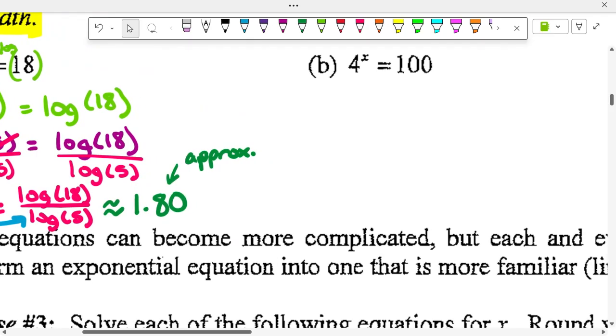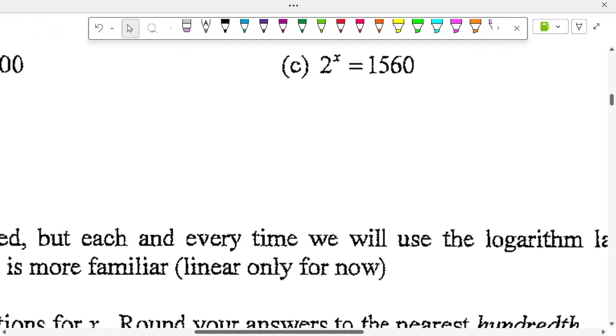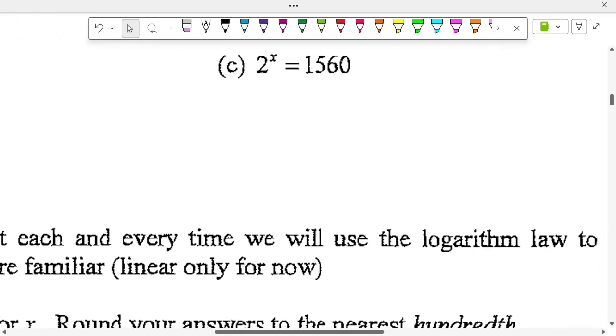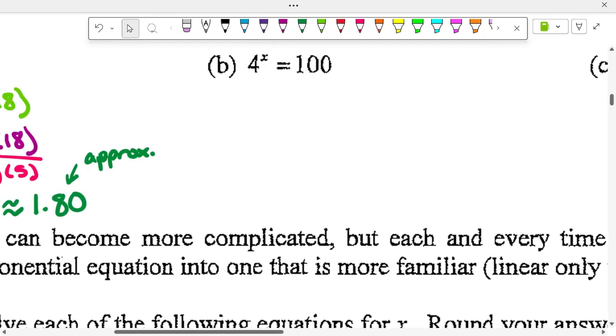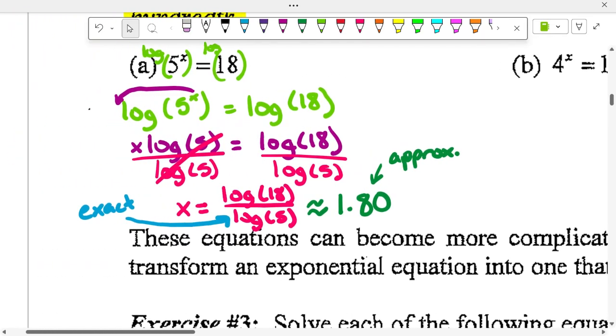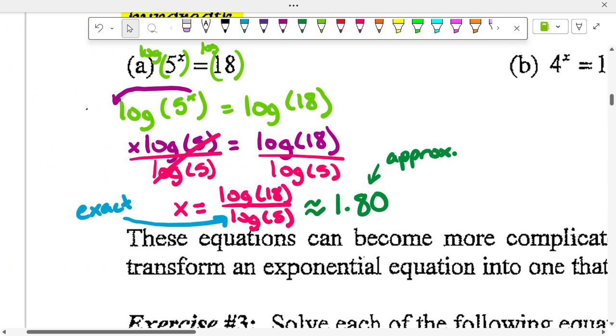So take a minute, try letter C on your own. I'll give you about 2 or 3 minutes. So I'll leave this one up just for reference.